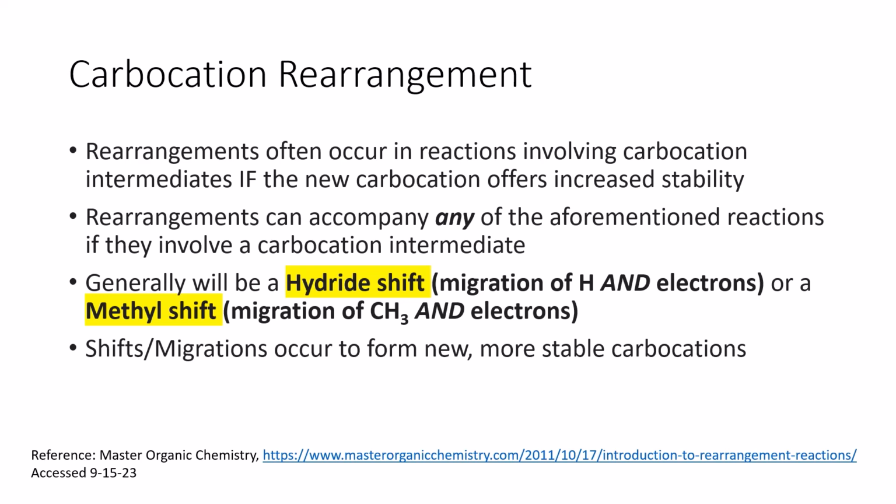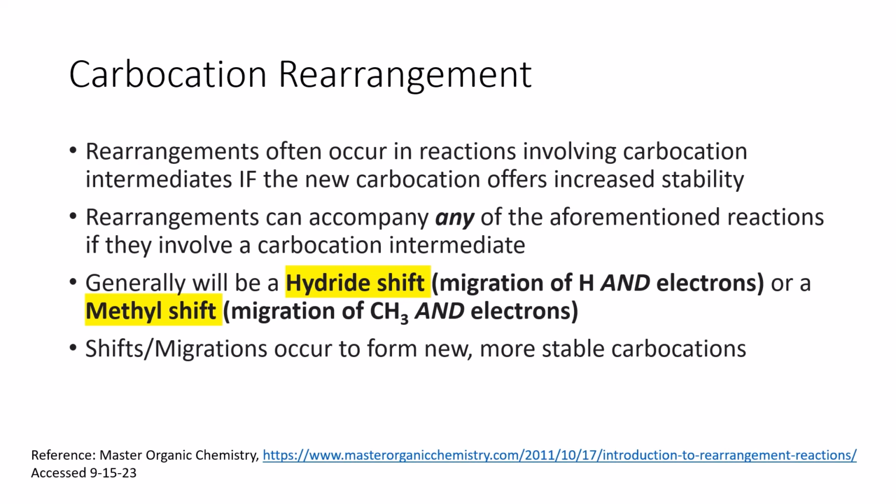Rearrangements can also accompany any of the aforementioned reactions that were shown on the previous slide: substitution, addition, or elimination. All of those can involve a rearrangement if they involve a carbocation intermediate that can be stabilized by rearrangement.